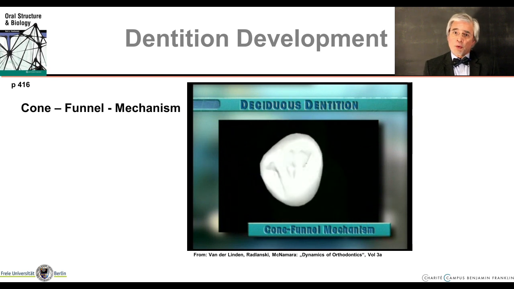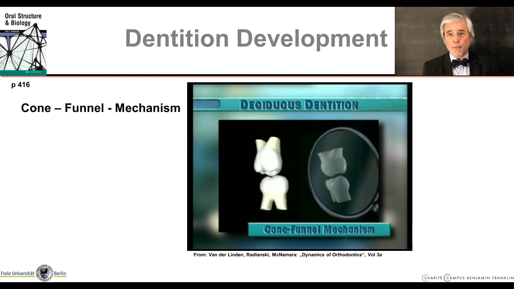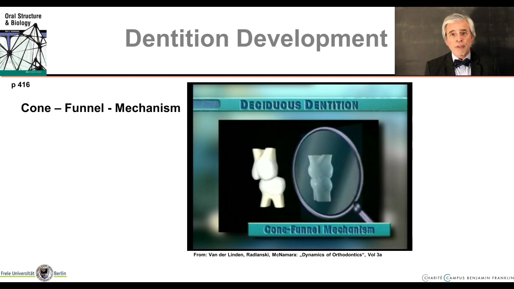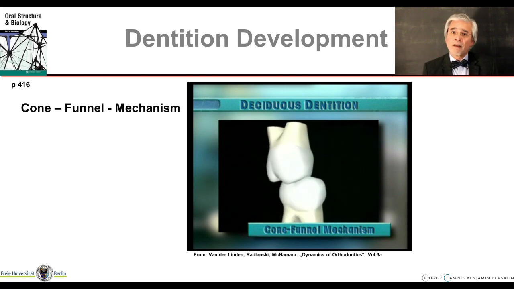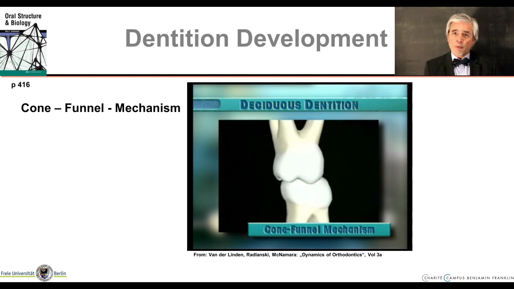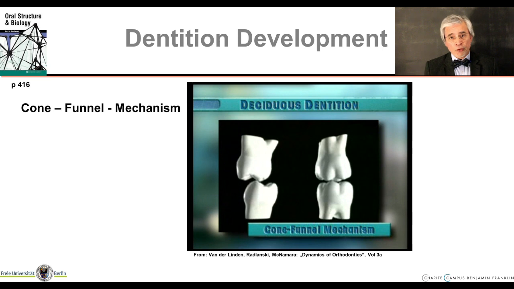According to the dental occlusal morphology with its slopes, the teeth are guided into the pits of their antagonists with the maximum contact. This cone funnel principle becomes effective as soon as the first contact between the teeth is established. And this is the critical time when an edge-to-edge bite must be corrected and a scissors bite prevented.